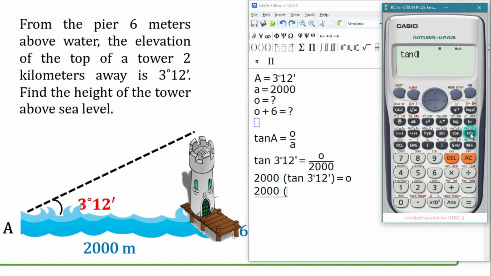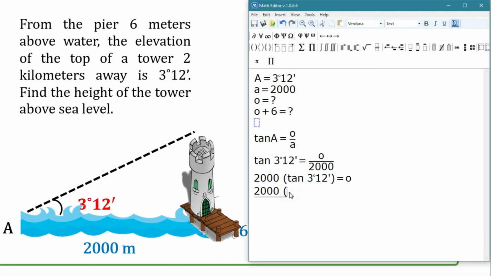So, the tangent of 3 degrees and 12 minutes is equivalent to 0.0559 and so on and so forth. I'm gonna put ellipses again, meaning to say there are still significant figures after that. And that's gonna be equal to O.